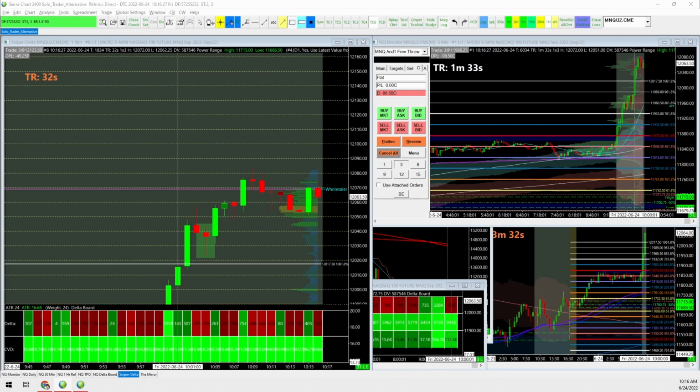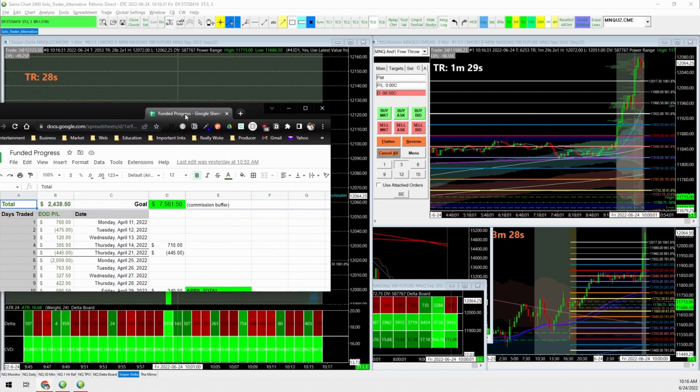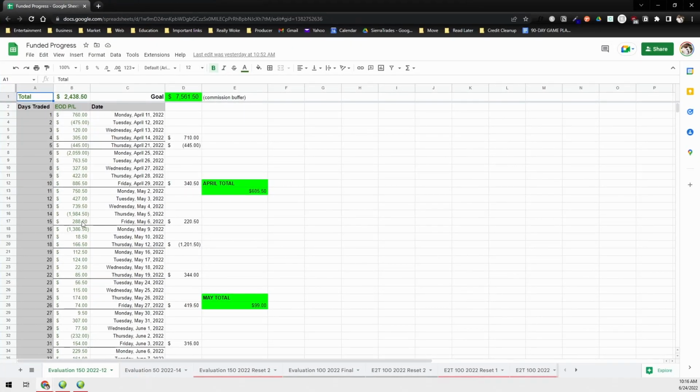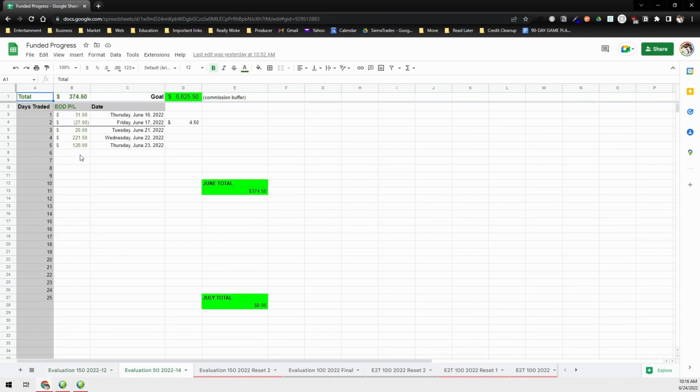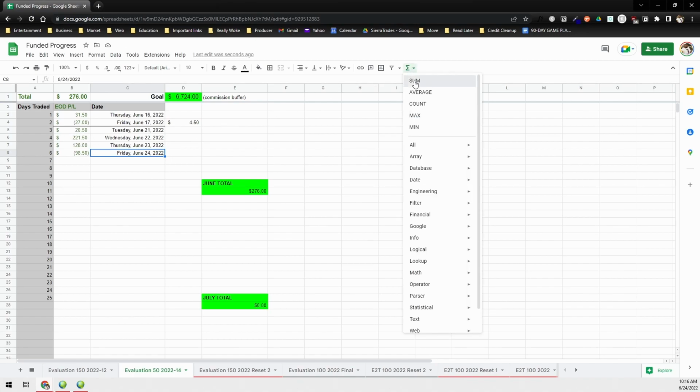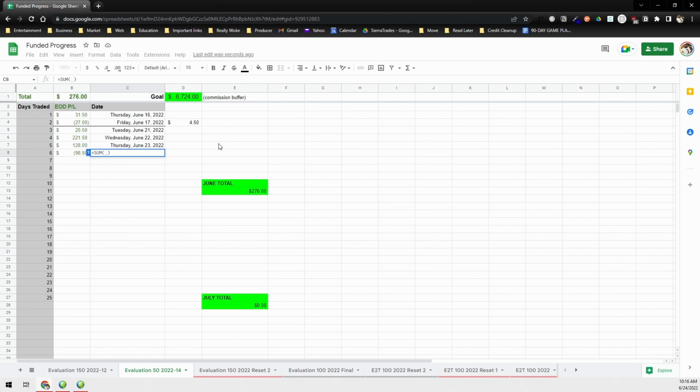So let me go ahead and let's see, 98 and 50 cents. Update my thing. Should be this one. All right, so relatively not that bad, not that bad. Oops, that's not what I wanted to do.